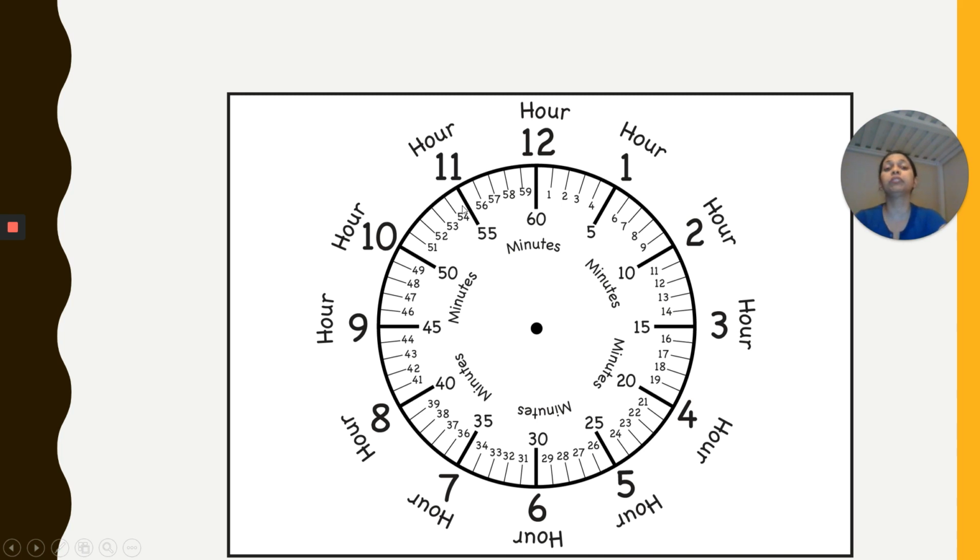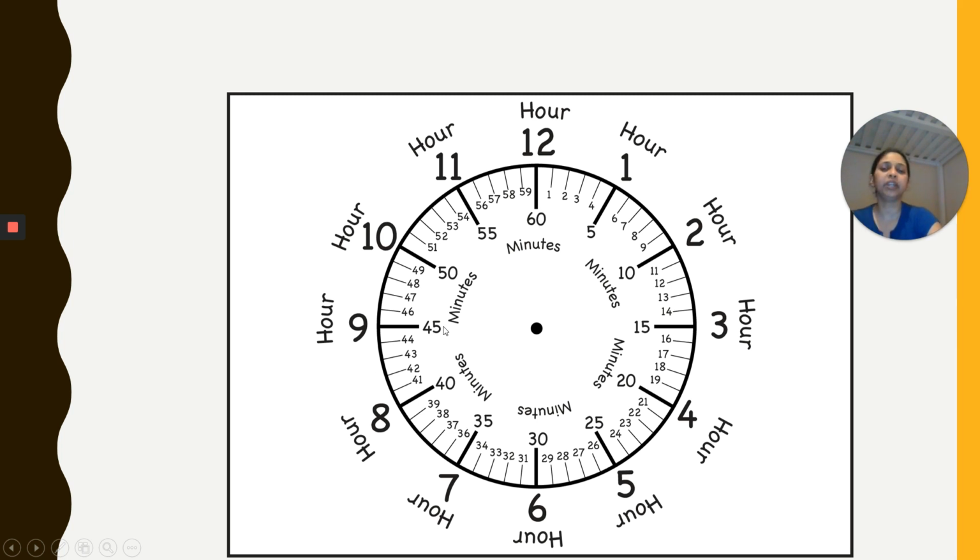If you can remember your 5 times tables, when you move on from 12 o'clock to 1 o'clock, if your minute hand lands on the 1, it will be 5 minutes. Then you count on every 5 minutes. So you go 5, 10, 15, 20, 25, 30, 35, 40, 45, 50, 55, and 60.